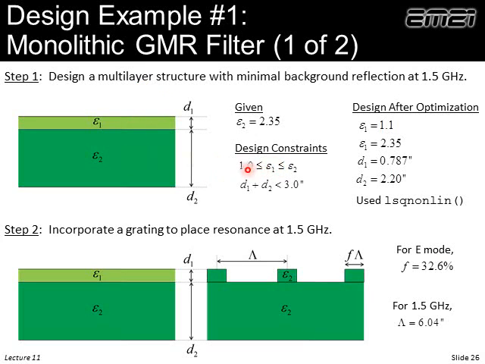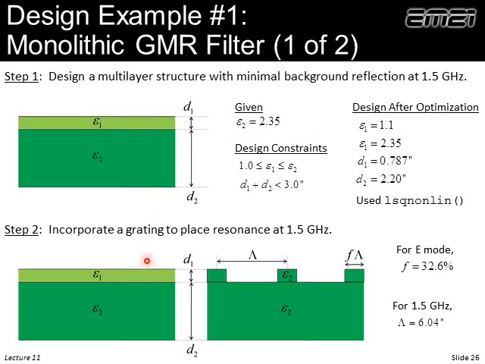So this one is bound. And we probably want to put some realistic limitations on how thick we'll let these layers go. But we do our optimization, and here's the design that I came out with. And this maybe isn't the only one, but it worked pretty well. It gave a pretty good low background reflection. But we have to somehow realize something with a dielectric constant of 1.1 in this top layer.